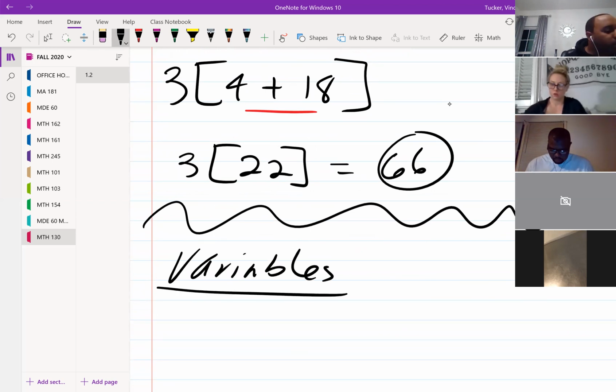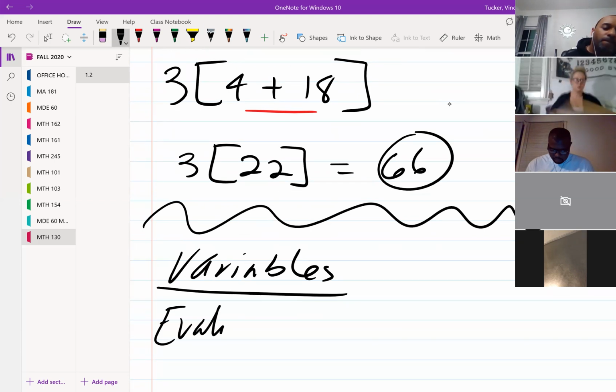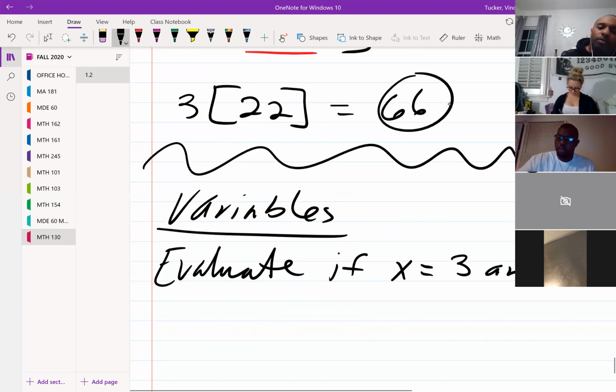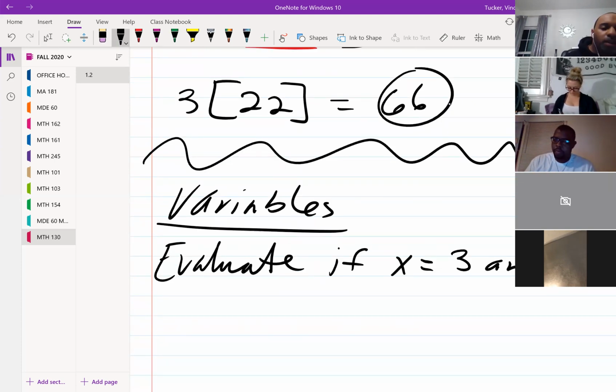Next thing to introduce in this section are your variables. We are told to evaluate if x is equal to 3 and y is equal to 2.